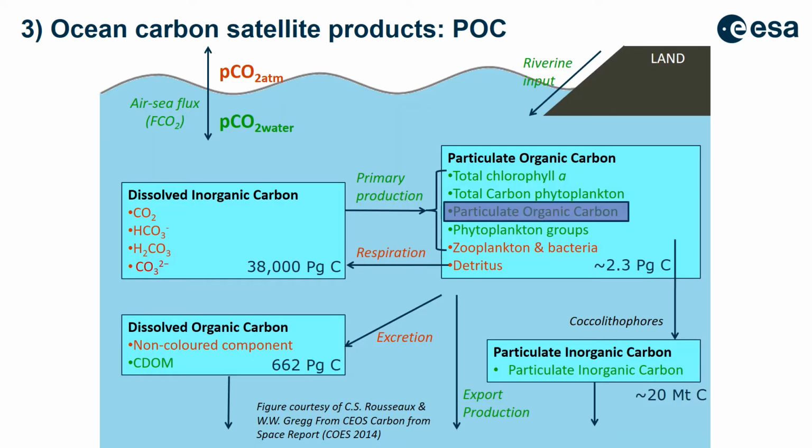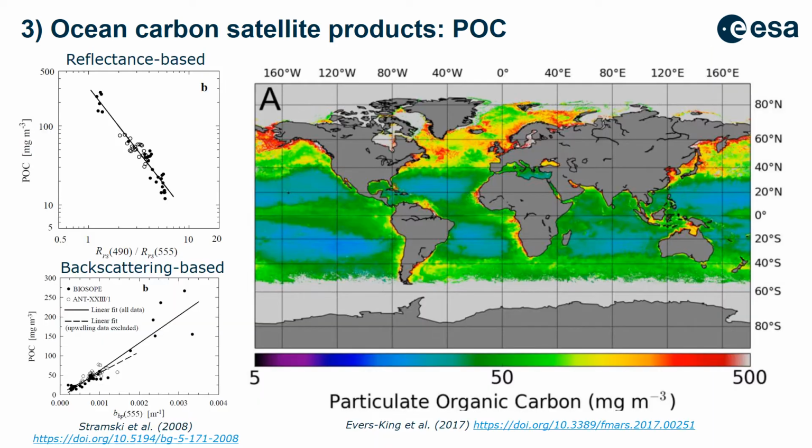Okay, so next I'm going to talk about particulate organic carbon. This is the carbon in all particles in the ocean. It's a slightly easier thing to measure, I would say, than phytoplankton carbon. And various techniques again have been developed to estimate POC, particulate organic carbon, from satellite observations.